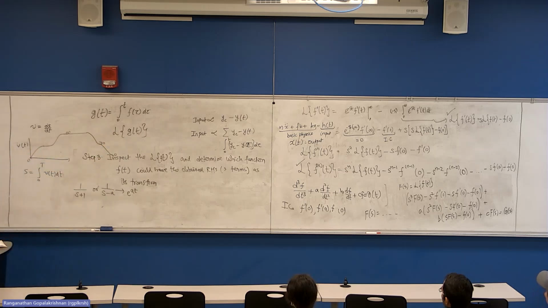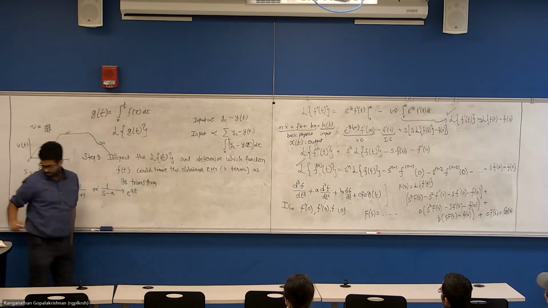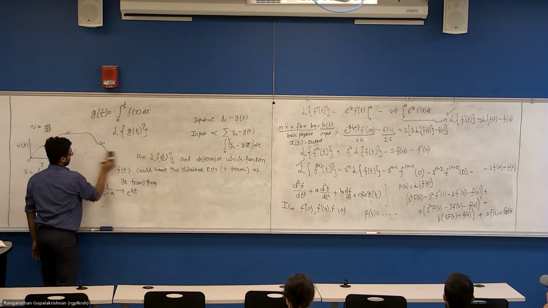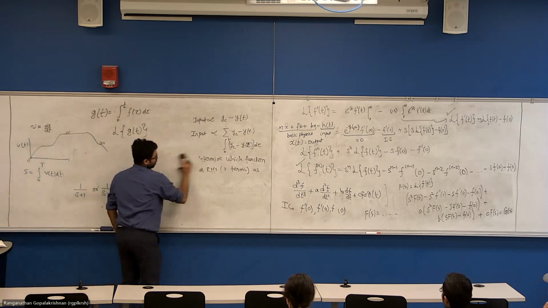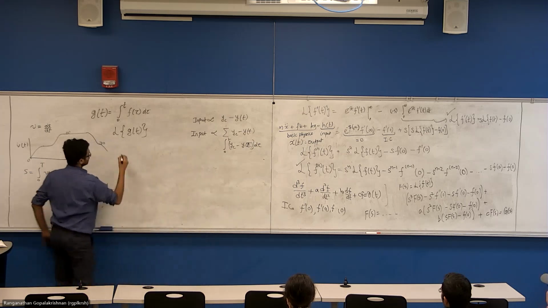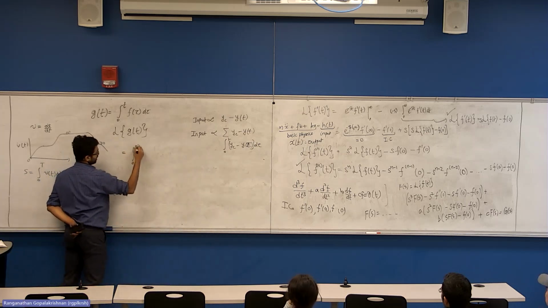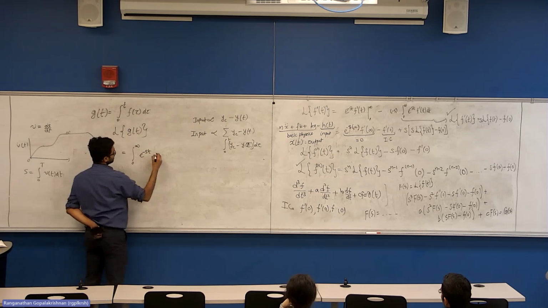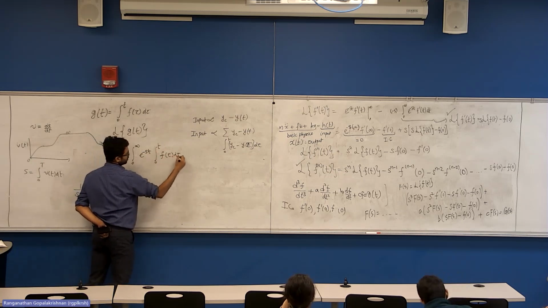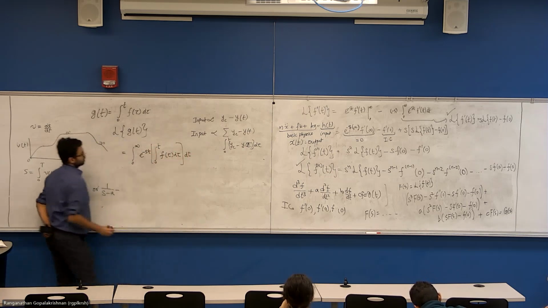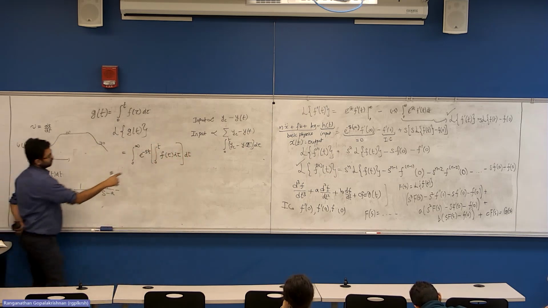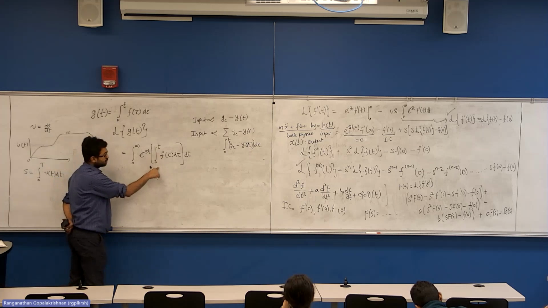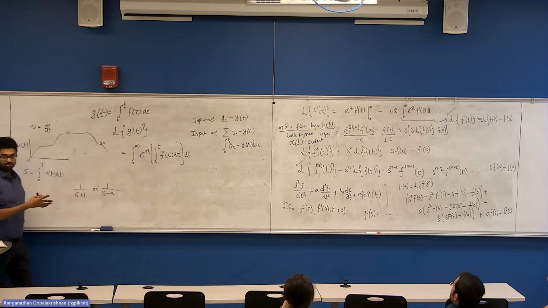The Laplace transform of an integral. So this would be the integral from 0 to infinity of e to the power minus st times the integral from 0 to t of f of tau d tau, dt. Within this integral, time should be considered like a constant, but time is really a variable, right?